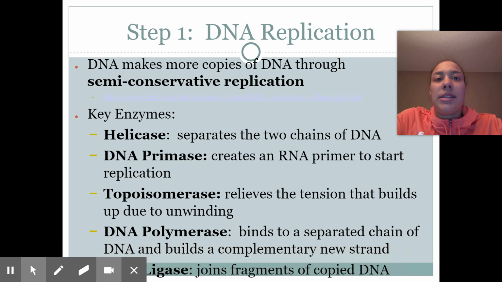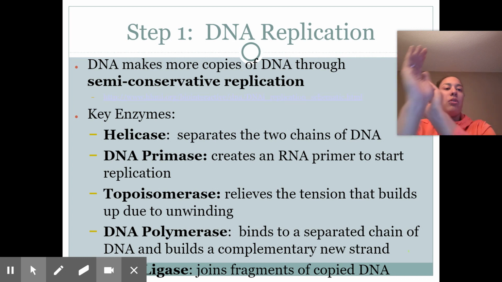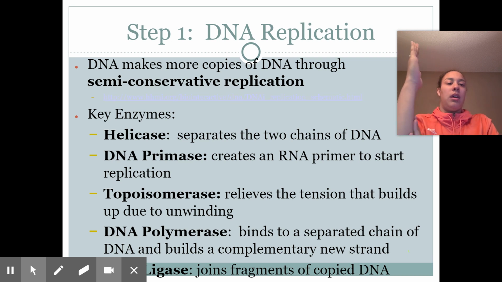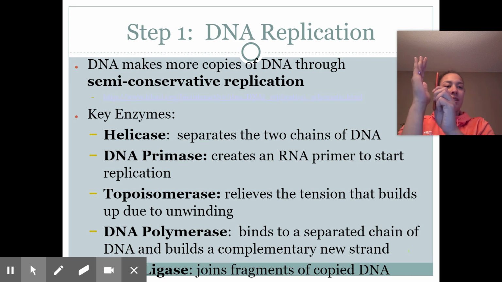It goes through a process called semi-conservative replication, which basically means we're going to take an original parent strand of DNA. Normally they're wound up like this. They will separate and unwind, and then in the end, we'll have one original parent strand and a new one that is formed. So I'll say this is my new strand that's going to form over here.